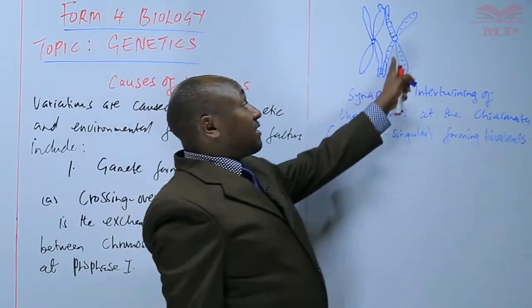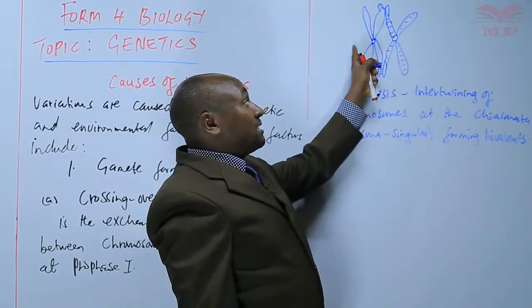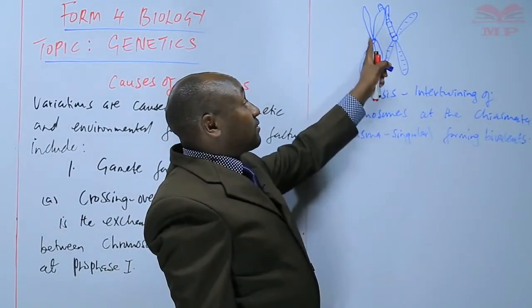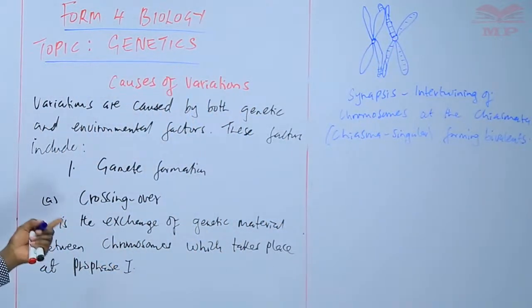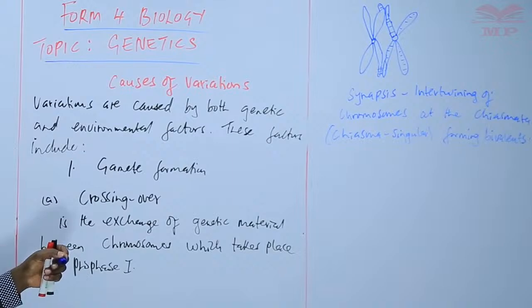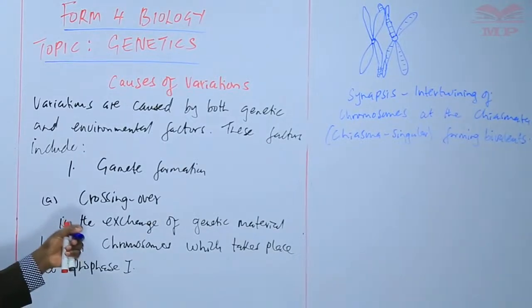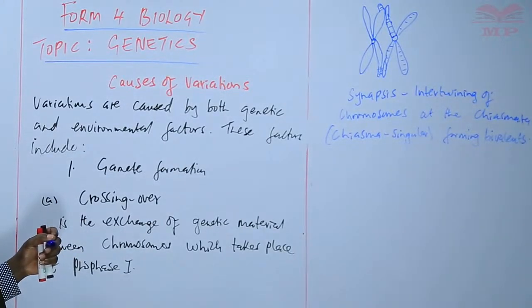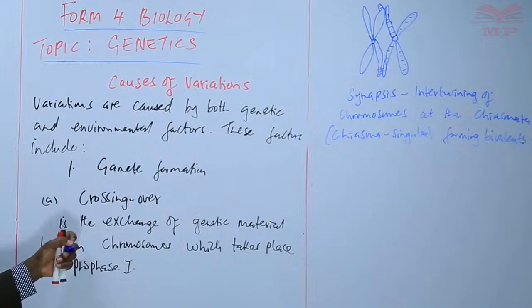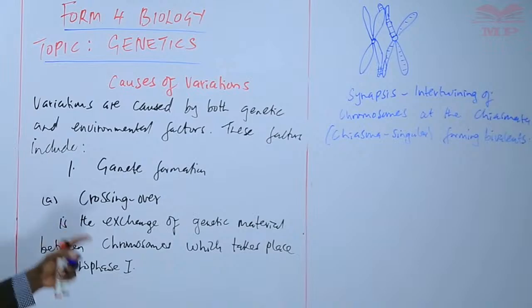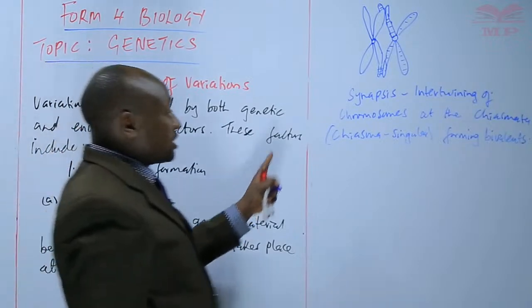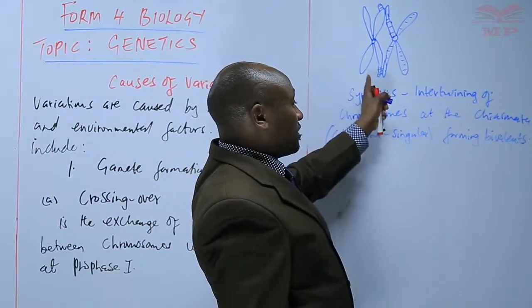We are calling that crossing over, and it's one of the causes of variation during gamete formation. It is the exchange of genetic material between chromosomes which takes place at prophase 1.